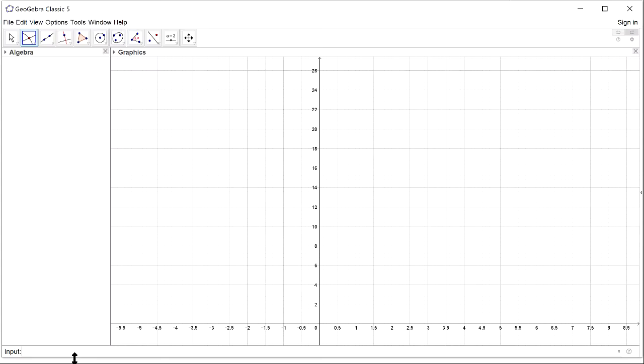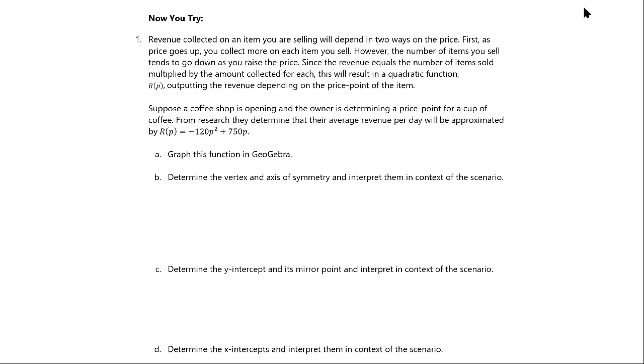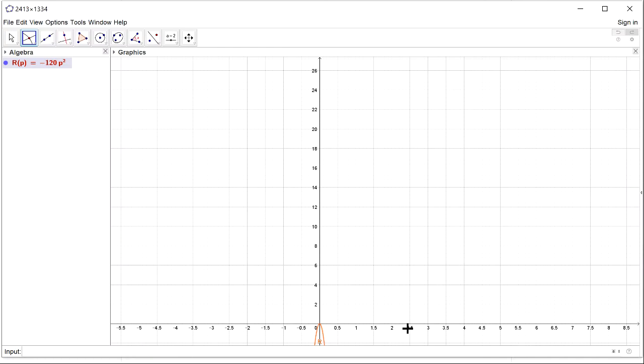If we look at the function, we have r of p is equal to negative 120 p squared, plus 750p. And this is going to be our graph over here.